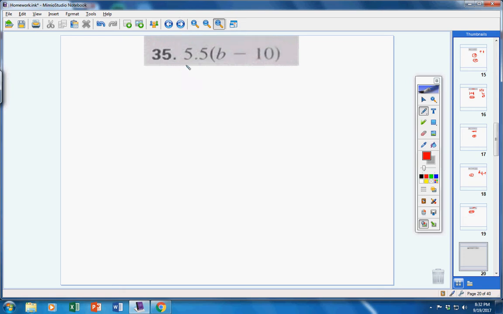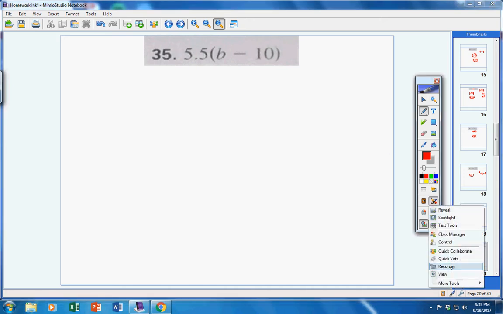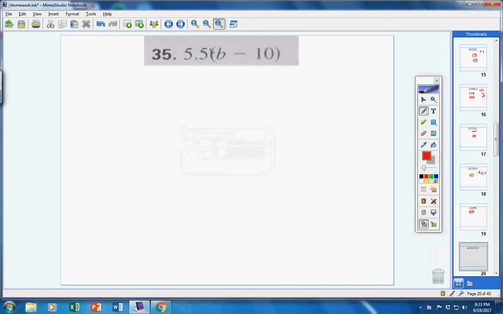Now, take your 5.5 and we're going to multiply it, students, through the parentheses, okay? A positive times a positive is positive. 5.5 times b is 5.5b.